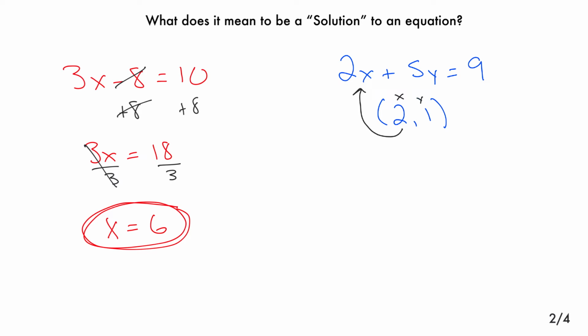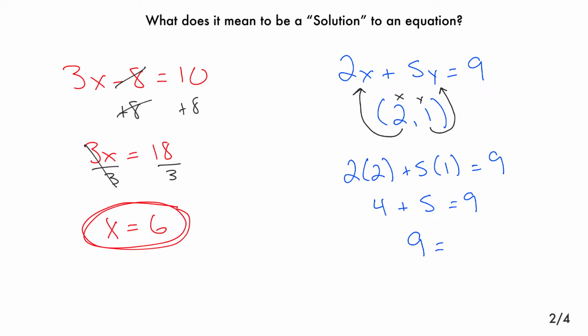You take the y value of 1 and substitute into the equation, and something unique happens. You'll get 2 times 2 plus 5 times 1 equals 9. 2 times 2 is 4. 5 times 1 is 5. And 4 plus 5 is 9. We are left with a true statement. Therefore, that coordinate was a solution to this equation.